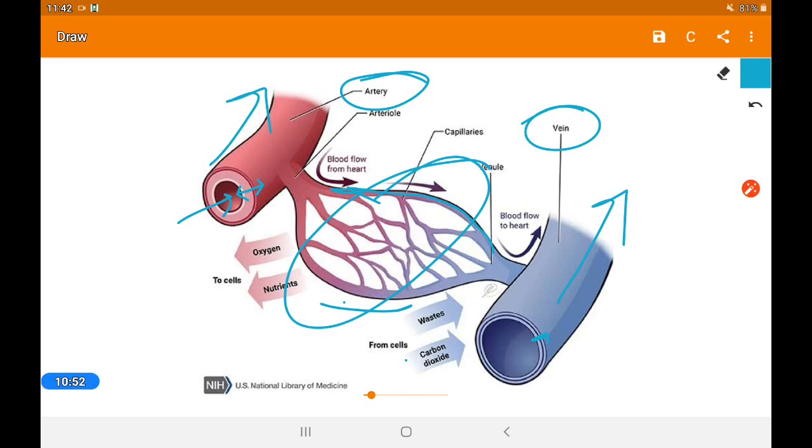So it is very clear to you that in the artery a very thick elastic layer is there, whereas in the vein it is a thinner layer. In the artery, blood is carried at very high pressure, whereas in the vein it is much lower pressure. It returns to the heart. So this is the structure.